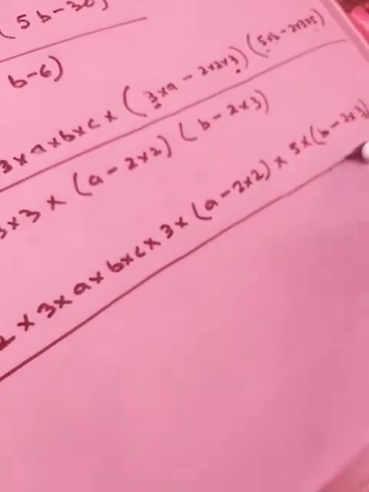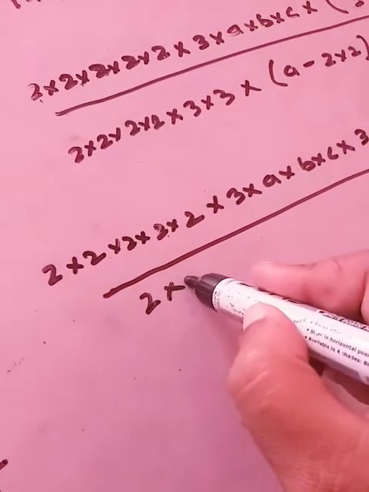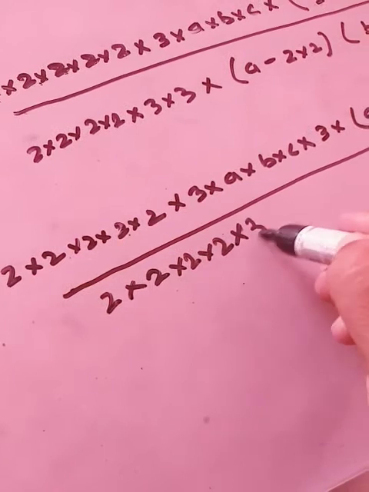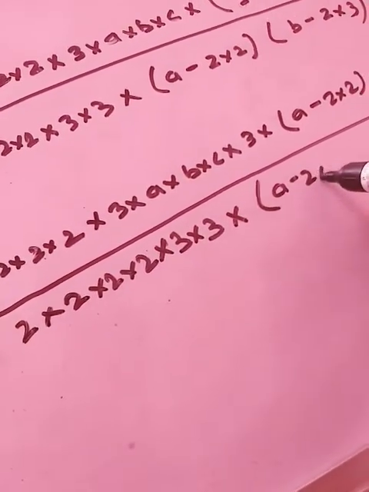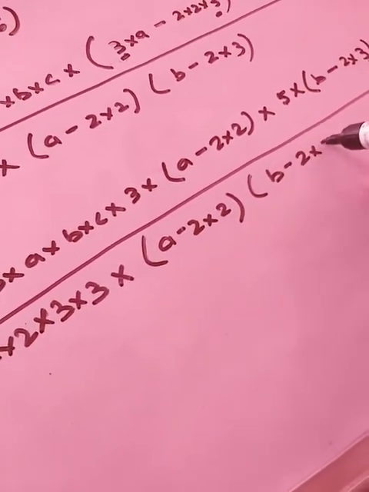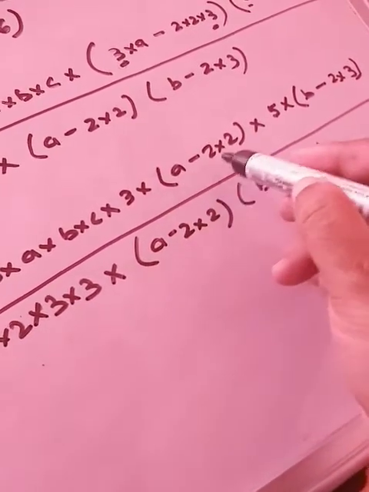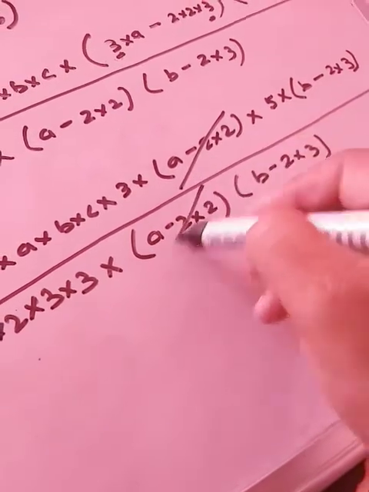Now we will write the denominator. In the denominator we have 2 into 2 into 2 into 2 into 3 into 3 into the bracket A minus 2 into 2, and in another bracket we have B minus 2 into 3. Now carefully observe that this bracket and this bracket are matching, isn't it? A minus 2 into 2, A minus 2 into 2. So we'll cancel these two brackets.